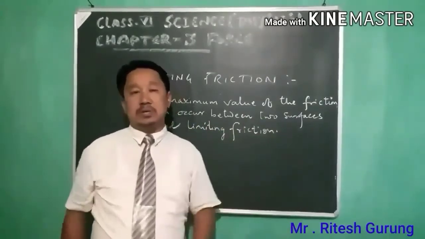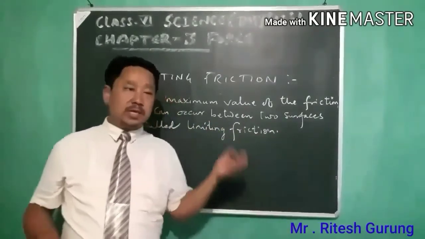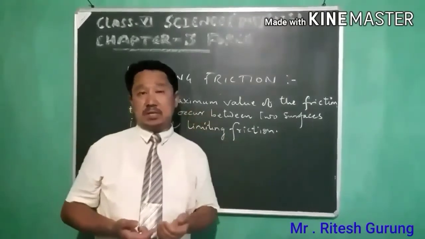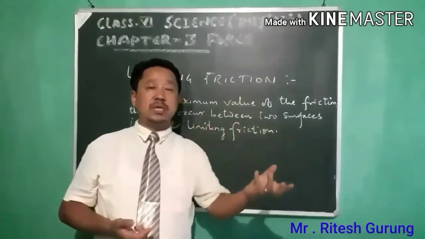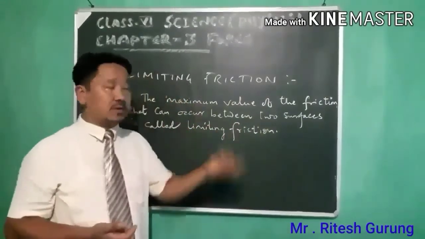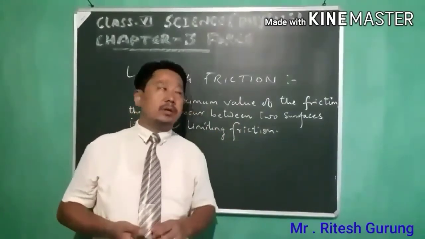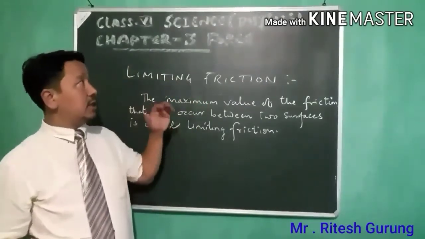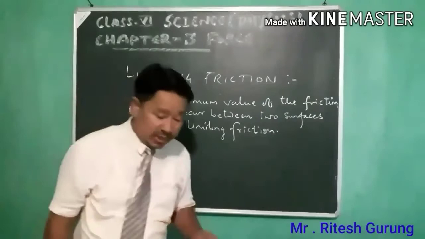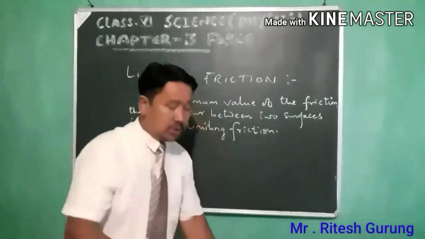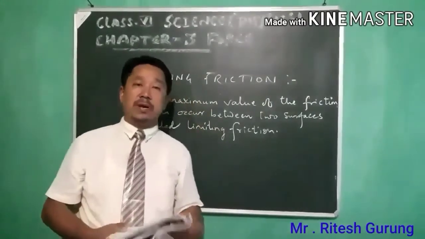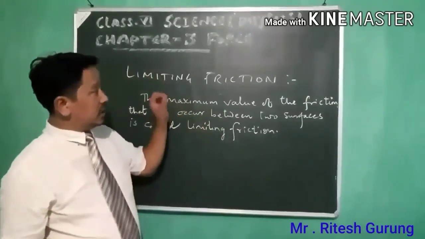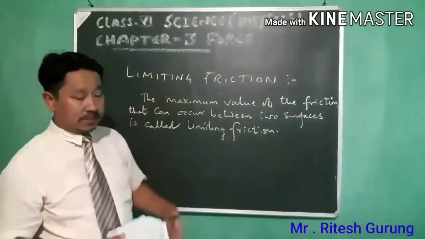Otherwise nothing could be moved. But it doesn't happen so, because it has got a limit. That limit beyond which the friction cannot go is called limiting friction. So this is all about chapter number 3. I told you before that we wanted to finish it, and we have finished it. This is the last portion of this chapter.